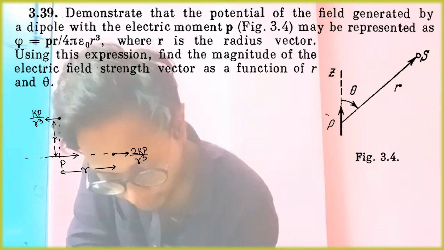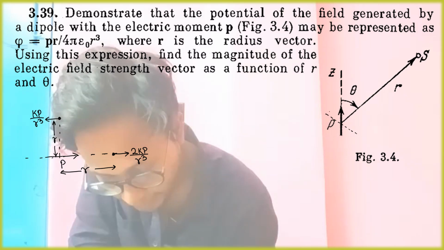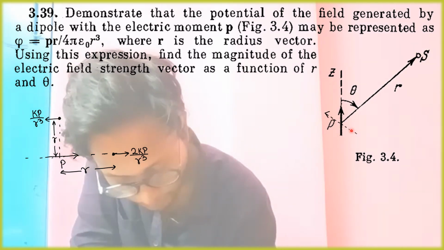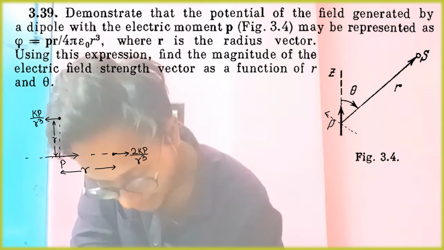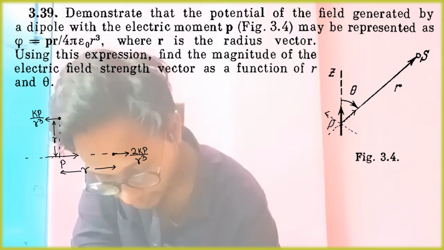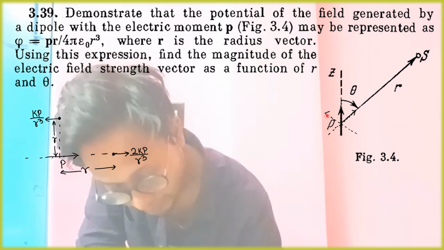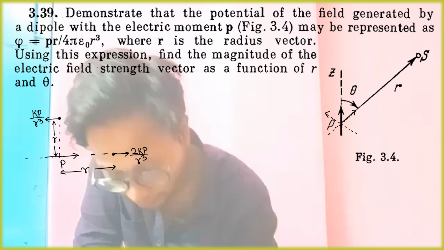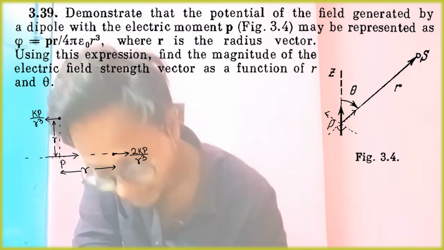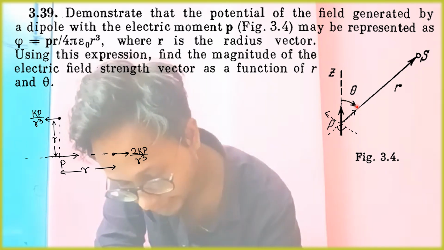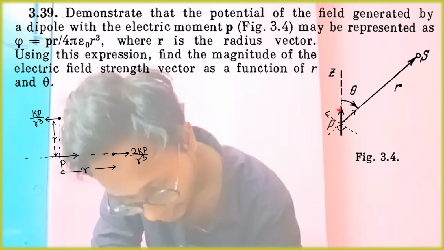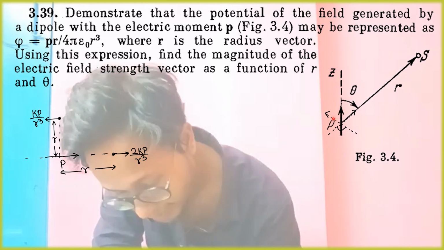The first dipole would be perpendicular to the r vector, so you can find the electric field due to this dipole, and the second dipole would be along the r vector, the axial dipole. Understood? That means this dipole is resolved into these two perpendicular dipoles. The angle between the perpendicular dipoles is nothing but 90 degrees. So if this angle is theta, this angle is nothing but 90 minus theta, or theta dash.